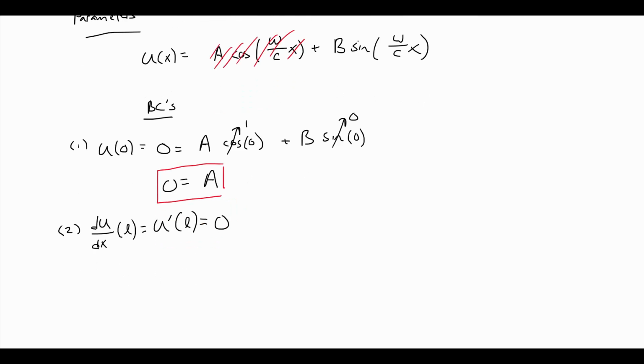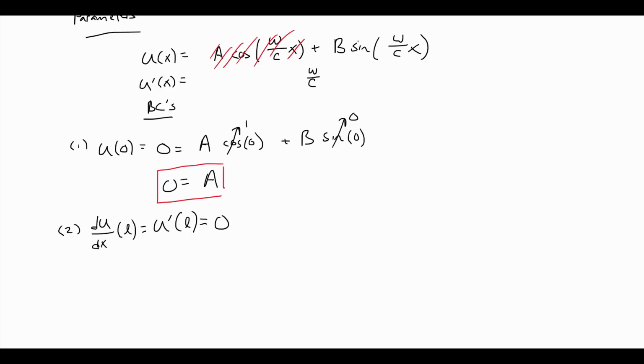Now we can go to the second boundary condition on the axial strain at L. So I first need to find u prime of x. Since I already know that a is 0, I will not differentiate that first part, that just goes to 0. And then for the second part, I am going to have omega over c when I use the chain rule on the b sine of omega over c x.